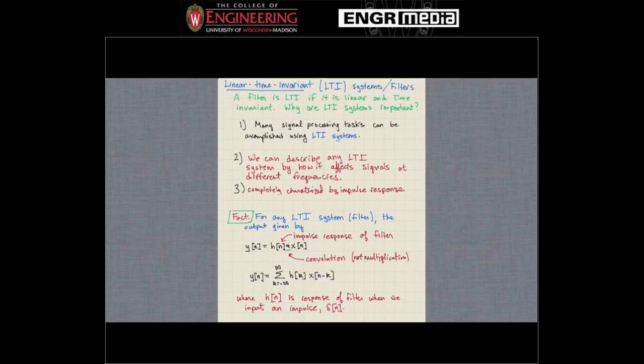So h of n convolved with x of n. Again, the star does not mean multiplication. And the full definition of convolution is written here, where h of n, again, is the response of the filter when we input a delta function, an impulse.